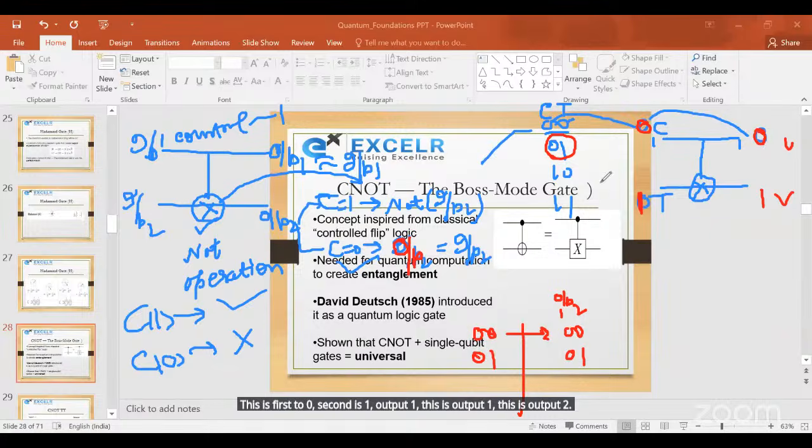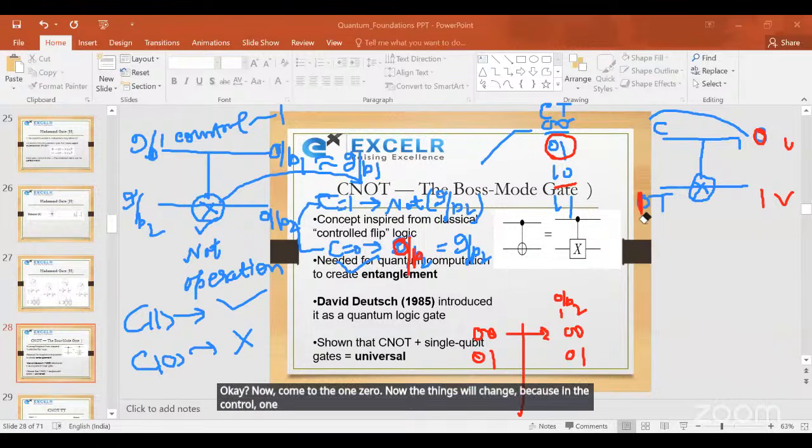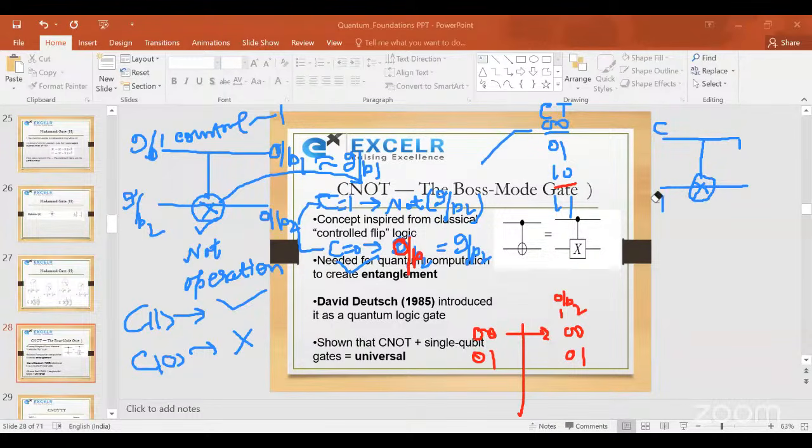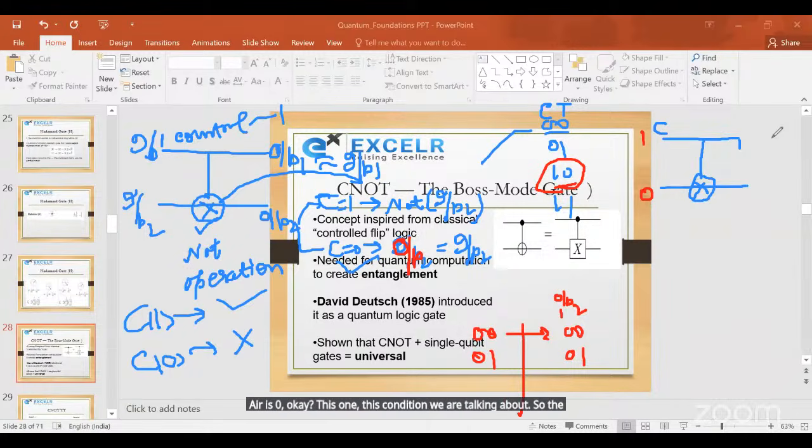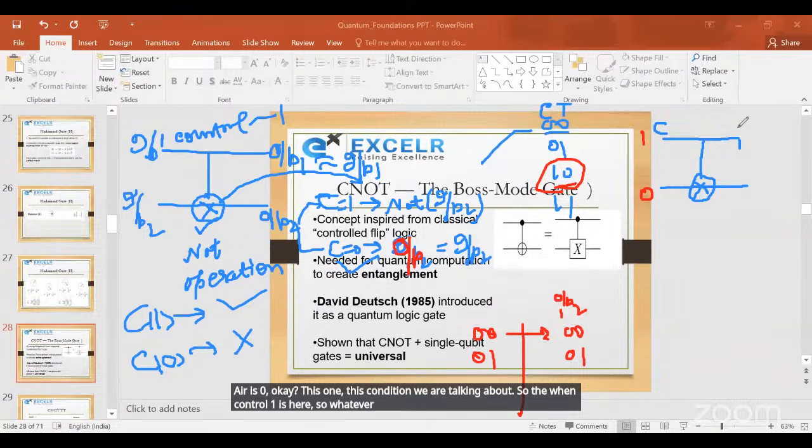Okay. Now come to 1, 0. Now things will change, because the control is 1 here. When control is 1, whatever the condition of the other input, 0 or 1, the control output will come as it is. So 1 will come as it is.